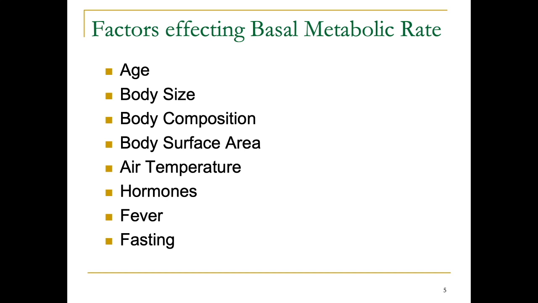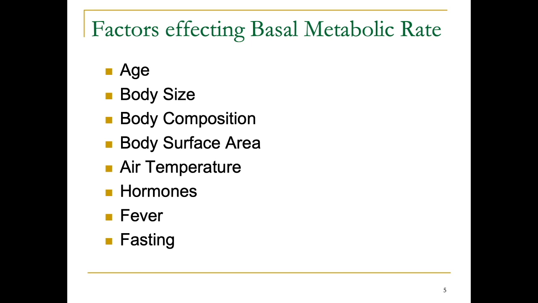There are a number of factors that affect the BMR. The main one is age, but also body size and composition. Interestingly enough, body surface area makes a difference because you lose more heat from a larger surface area on your body. The temperature that you live in, the air temperature, affects it because if it's colder out, then you need more energy to stay warm.